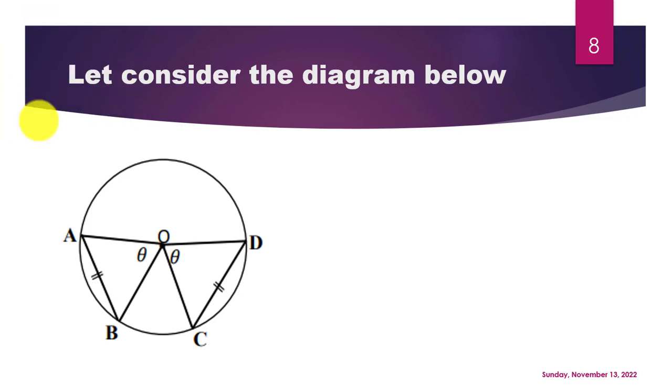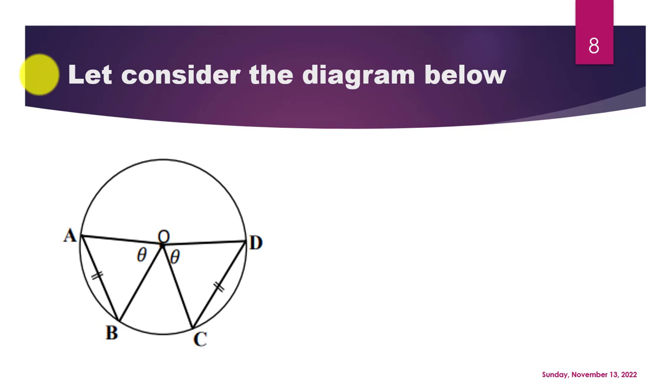So we have a circle on the screen with center O. The points A, B, C, and D are on the circle.